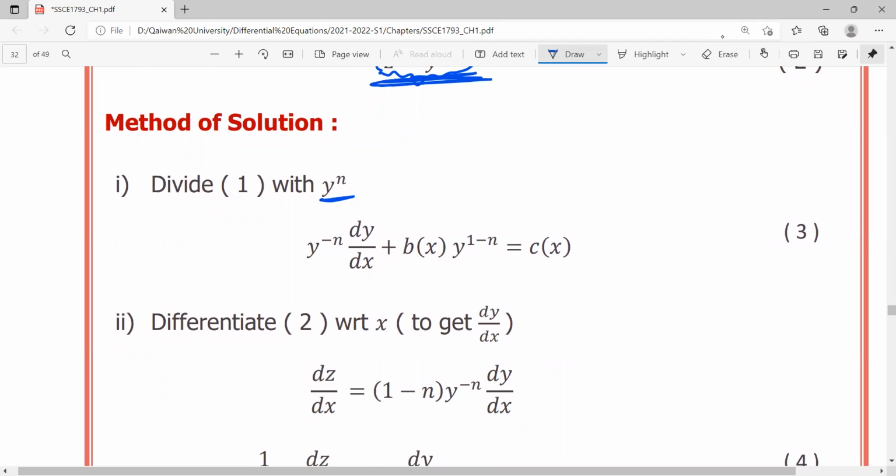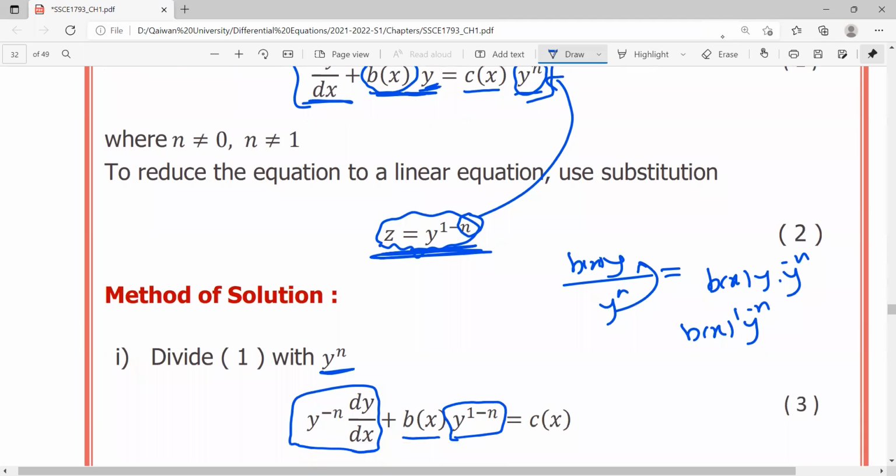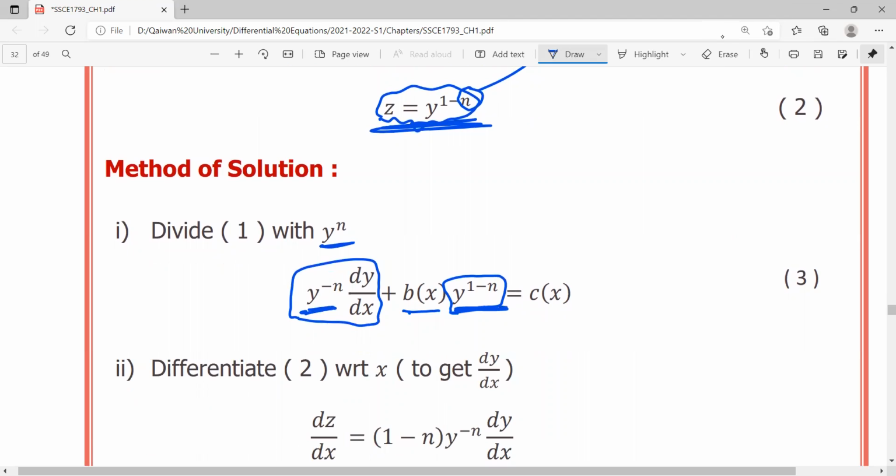After dividing both sides by y to the power n, what do we get? We get y to the power minus n times dy by dx plus b of x times y to the power 1 minus n.